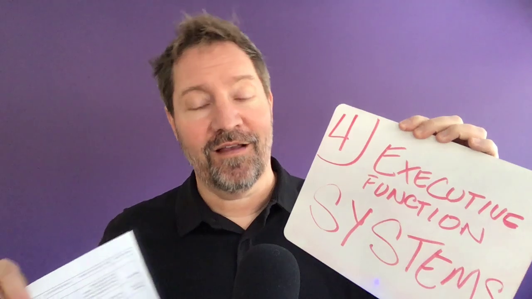So before I discuss this, as I go through these systems, what's really important to remember is that the brain is still developing. The prefrontal cortex, the front part of the brain that helps these kids execute and get stuff done, is still developing. And again, there's the can't and the won't.